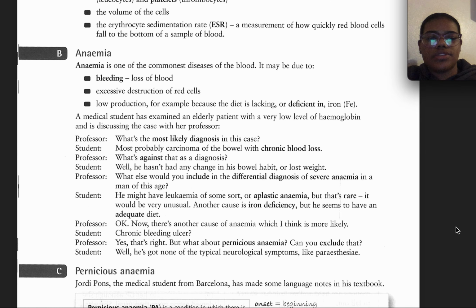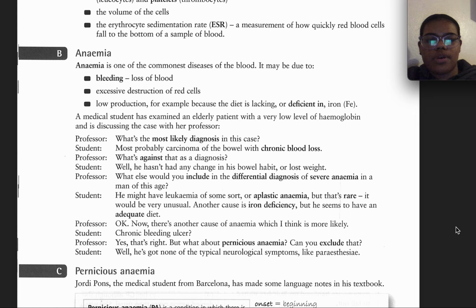A medical student is examining an elderly patient with a very low level of hemoglobin and is discussing the cause with her professor. Professor the what's the most likely diagnosis in this case?